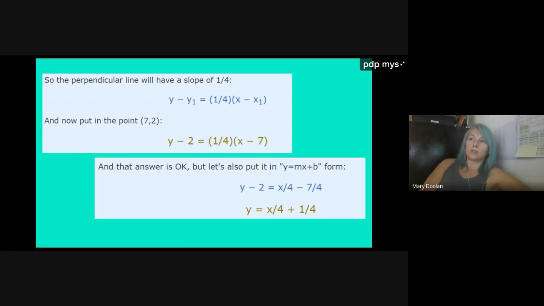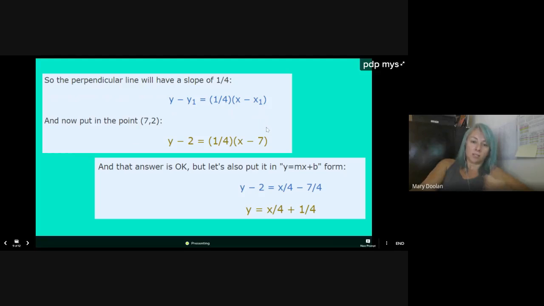So if I'm given a slope and a point, I can use this formula by replacing the slope with what they give me and replacing the x1 and the y1 with the point that they give me, 7, 2. 7 is the x coordinate because the x coordinate is always first. The y coordinate is second. And so 2 goes here and 7 goes here. So that's substituting into the point slope formula.